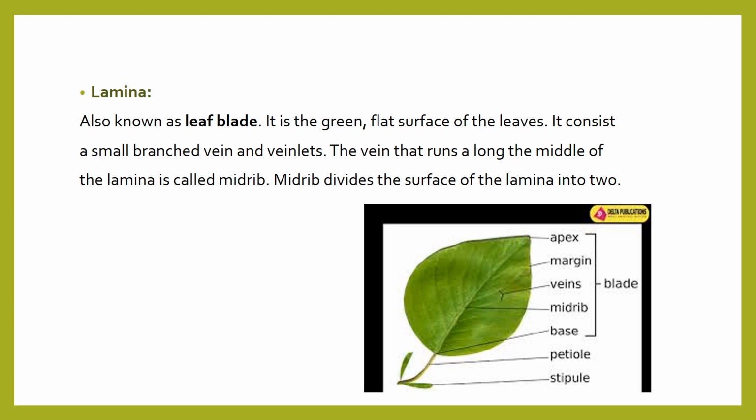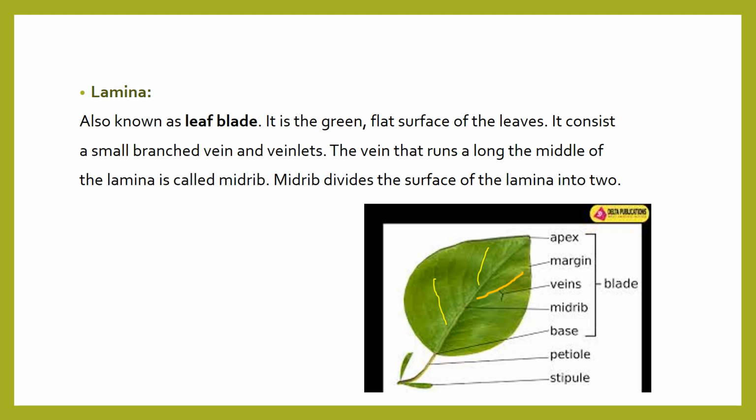In the blade you can observe small branched veins and veinlets. All these veins are very important in the plant because they transport minerals, nutrients and water from the stem into the leaf cells.